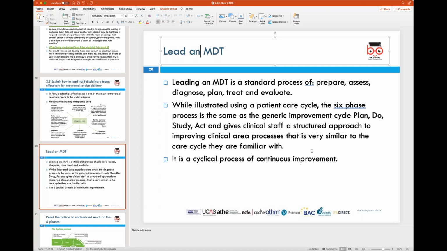So within the NHS and health and social care sector, the people in that position would be looking at preparing their teams and assessing their performance. At some stage, they'll be diagnosing problems which arise during the course of working. They would plan ahead, and if there are things that need to be changed or adapted, they would treat them by looking at corrective action plans, or CAPs as we call them.